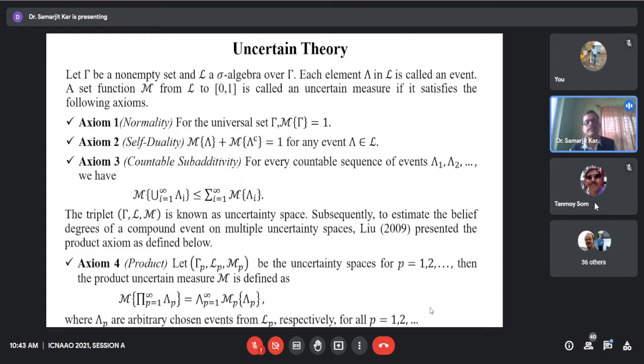The first three axioms are similar to random theory: normality, self-duality, and countable subadditivity, but in random theory it is equality. For the product axiom, he considered that the measure of the product of the events is the product of the corresponding measures.